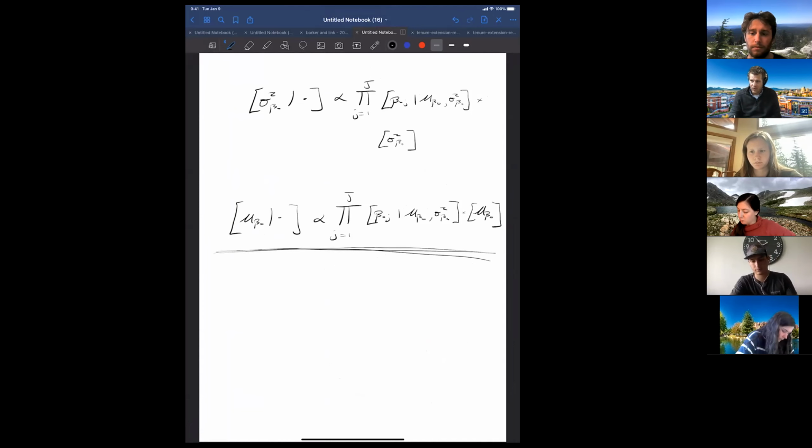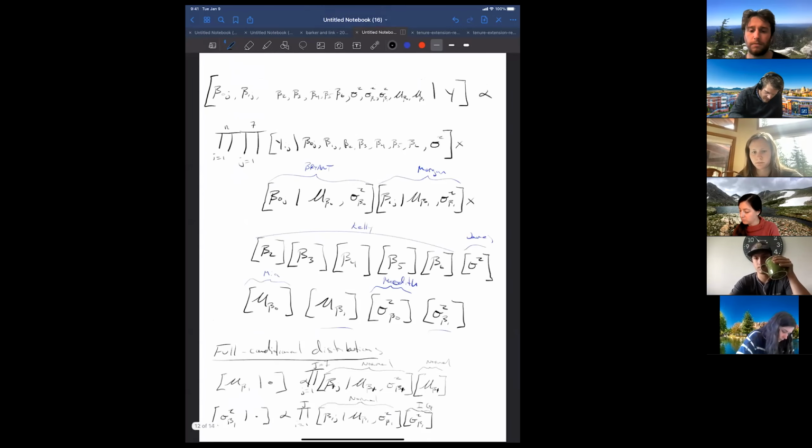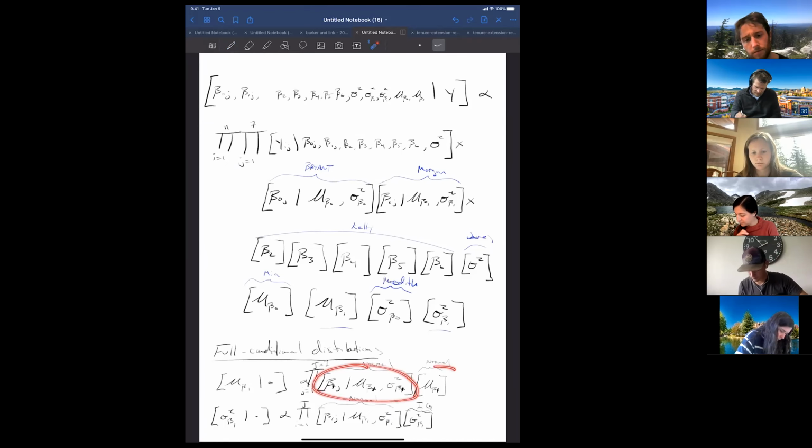Now there's a couple things I want to point out here. We have in our full conditional distributions here, we have normal and normal. What do we know about a normal? Conjugate, right? It's conjugate.